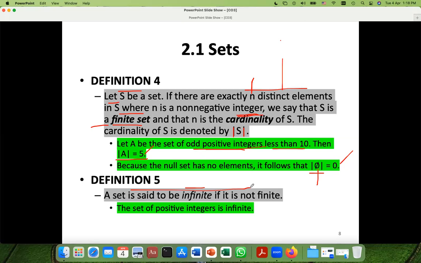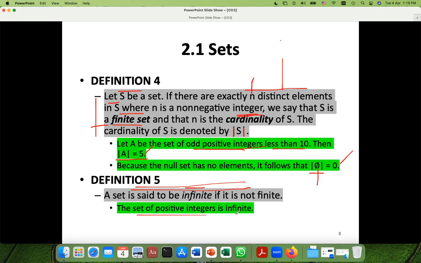The set which is not finite is infinite, because you have the understanding of finite. If you don't have the understanding of finite, then this definition will not work. Then maybe you have to write some more sentences. Anyhow, it's okay, because here we have the definition for the finite.